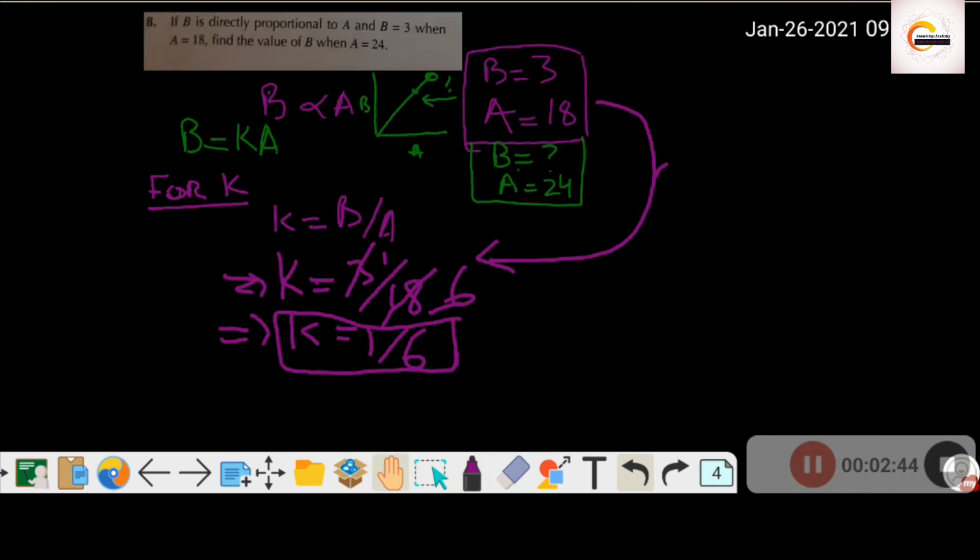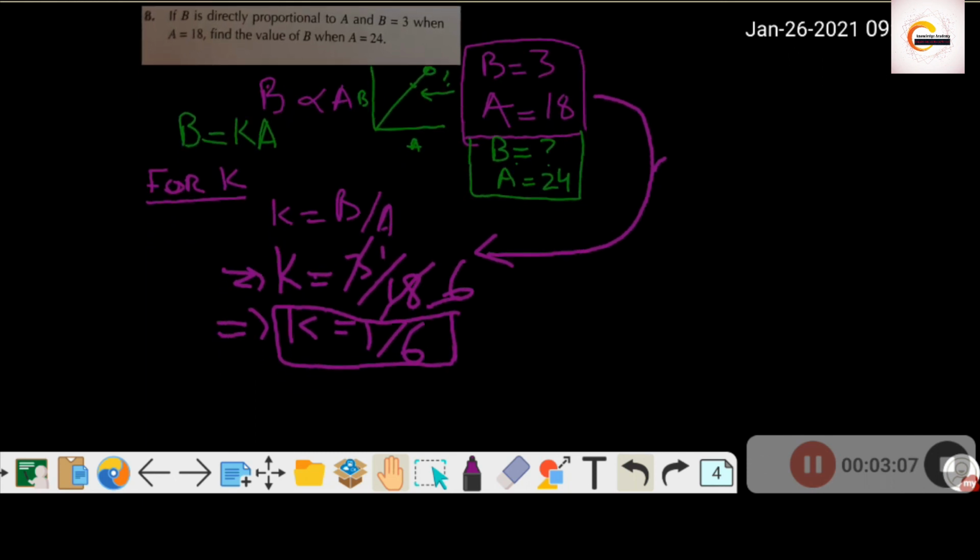Now at what point in the straight line A is 24, and what will be the value of B at that point. B is equal to KA.